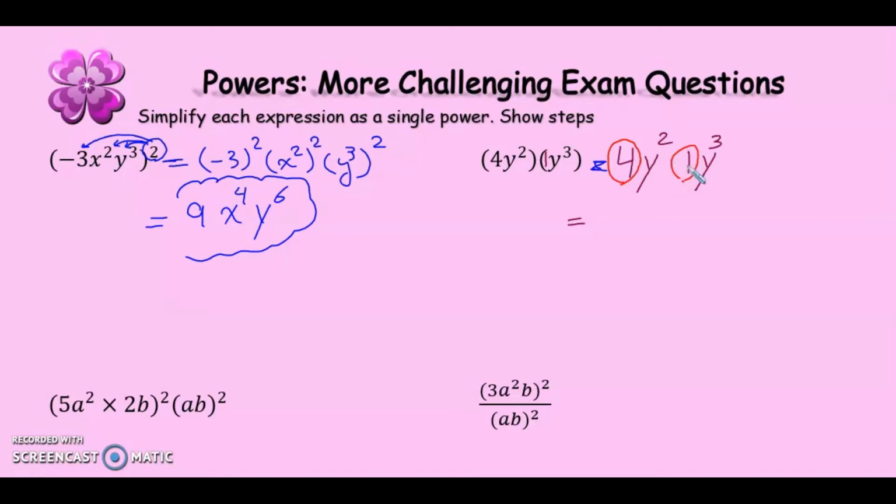You have to multiply them. 4 times 1 would be 4, and then you have to multiply these two y's. You have y here and another y here. Because they are multiplying, you have to add up their exponents. So therefore, this one would be y, 2 plus 3 would be 5. Therefore, the final answer is 4y to the 5.